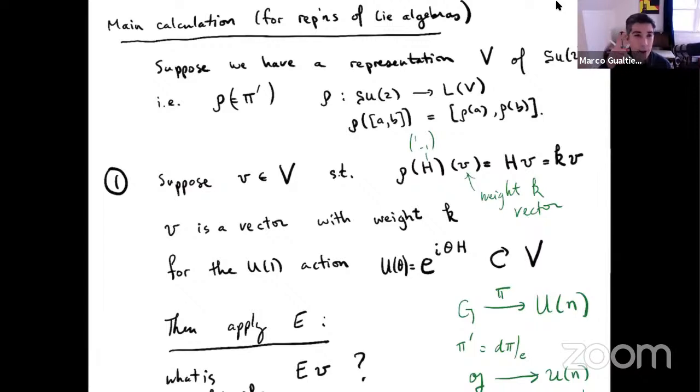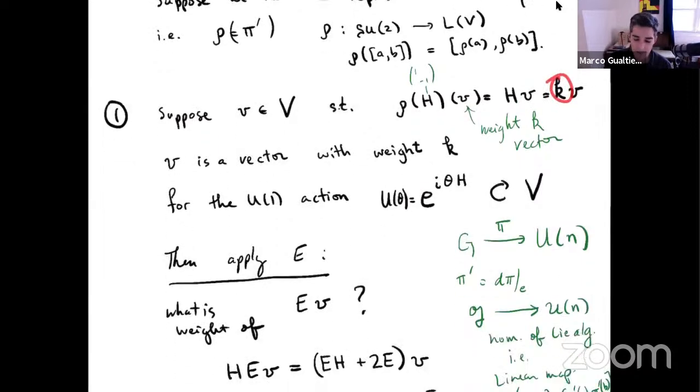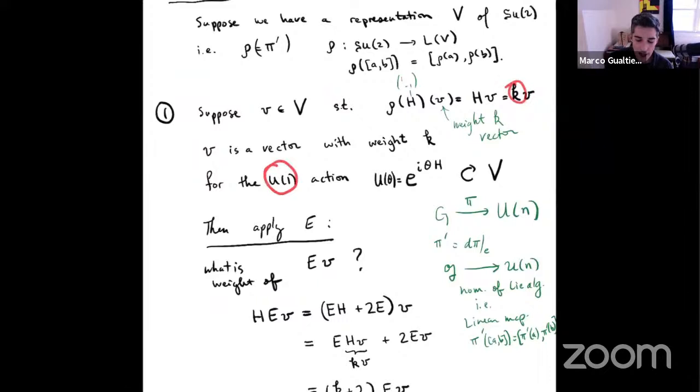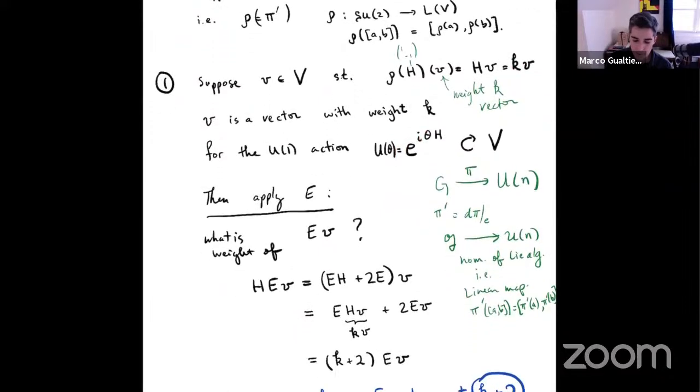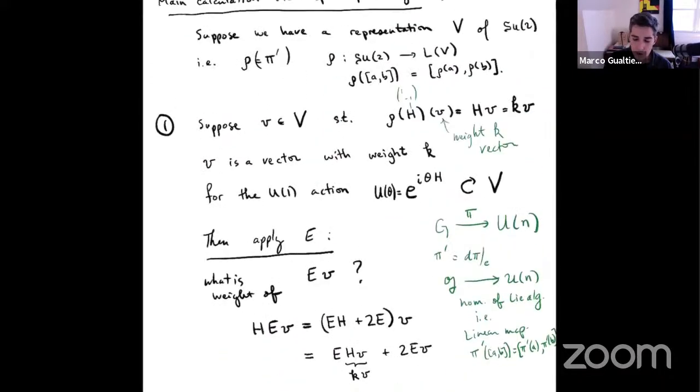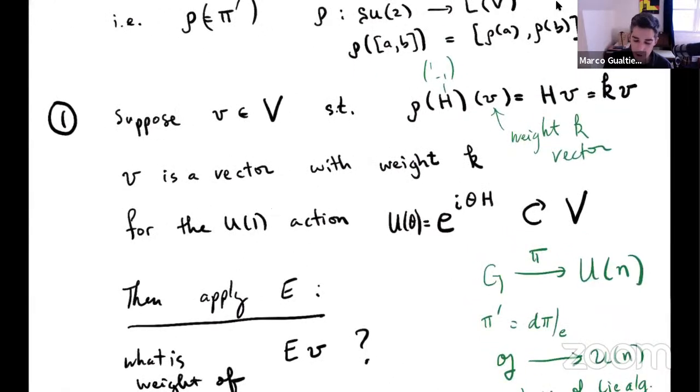So take any element V that has weight K. Then we have this U1 action, the exponential e to the i H acting on V. To be more correct, I should write it as e to the i rho of H. This is the matrix that the representation gives for the algebra element H, an n by n matrix.